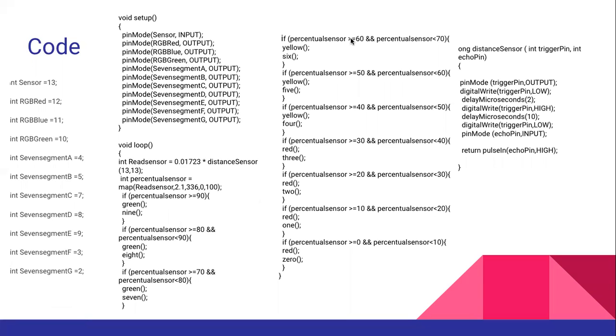When the percentual sensor has a value of over 60 but less than 70, in this case, the 7-segment will still represent the number that the percentual sensor has, but then the LED is going to turn on in yellow color. This will go on until the percentual sensor is bigger than 30 but lesser than 40. This will cause the LED to turn on in red, advising that the water is just about to run out.